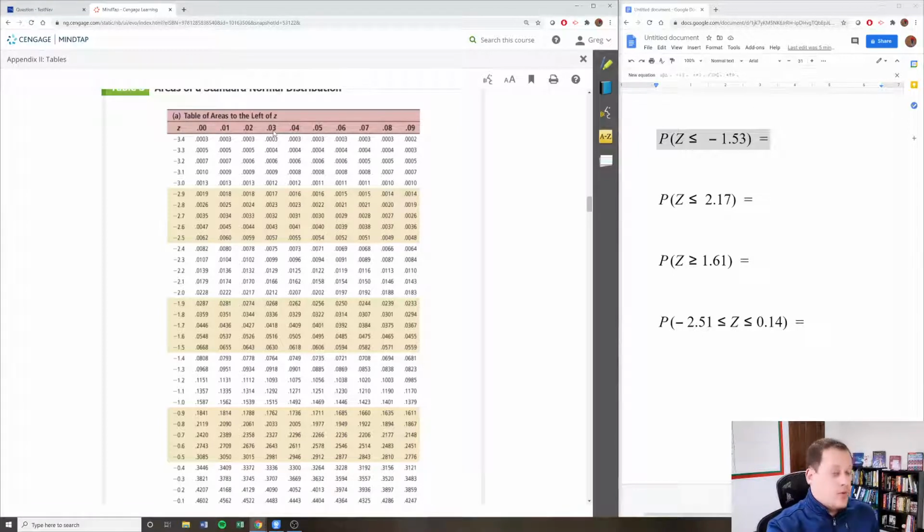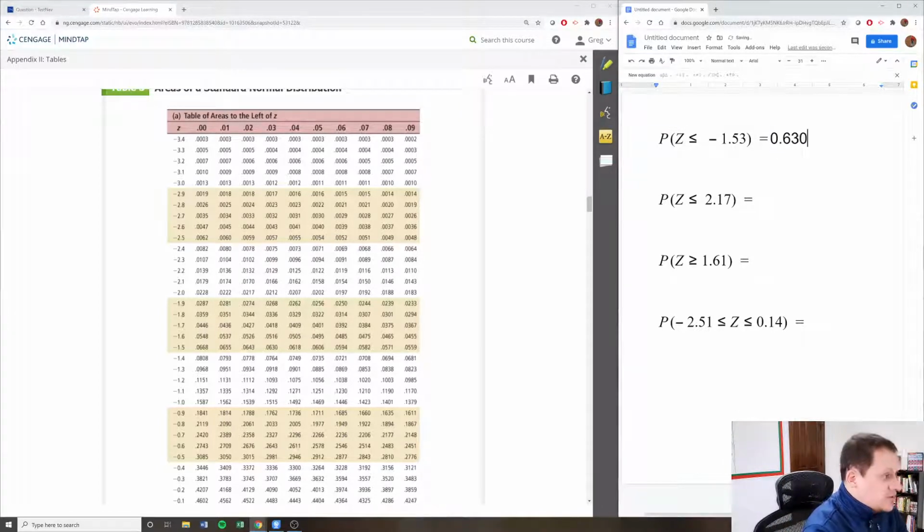So we want the 0.03. So if we go in this row, the negative 1.5 row, and the 0.03 column, we find that that is 0.0630. That is the area to the left of z equals negative 1.53, 0.0630.